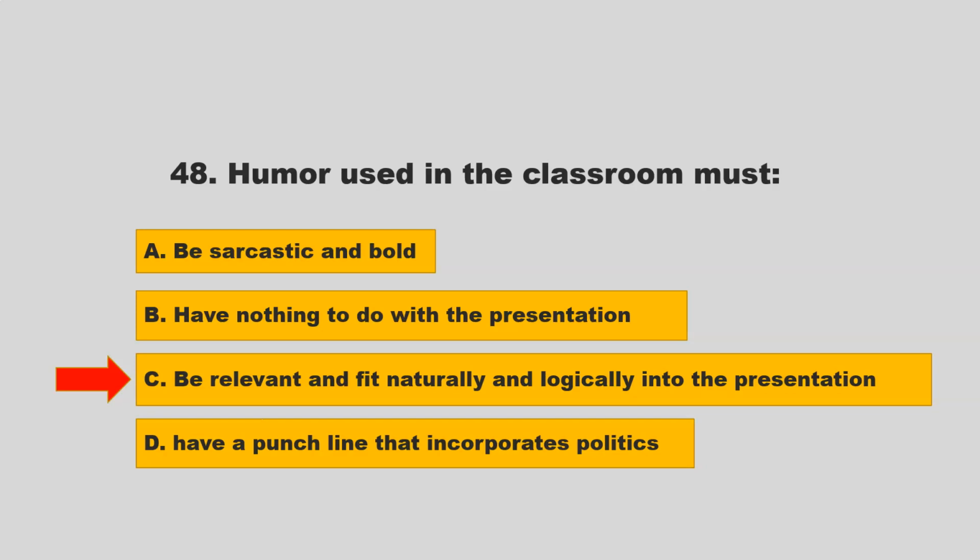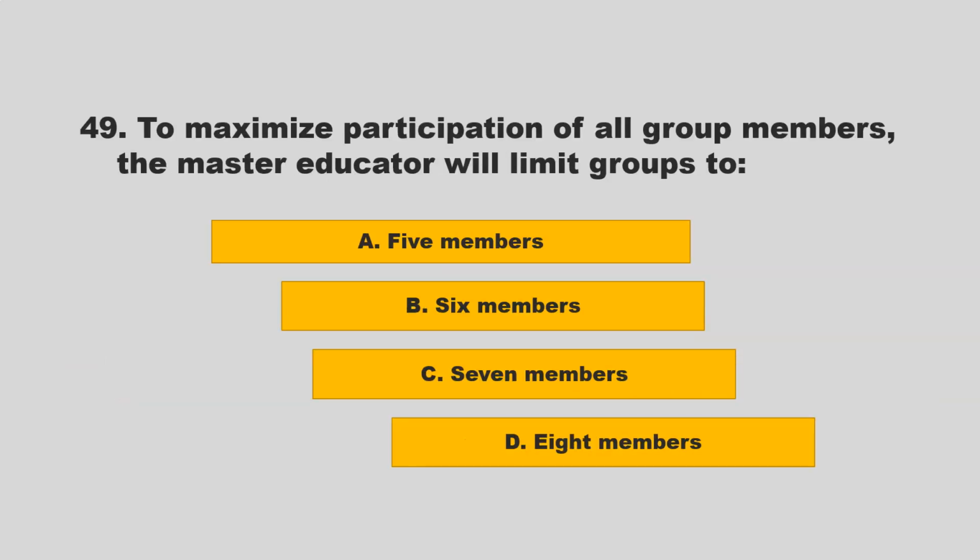If you chose C, be relevant and fit naturally and logically into the presentation, you are correct. To maximize participation of all group members, the master educator will limit groups to 5 members, 6, 7, 8 members. If you chose C, 7 members, you are correct.